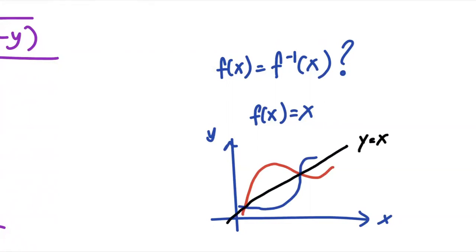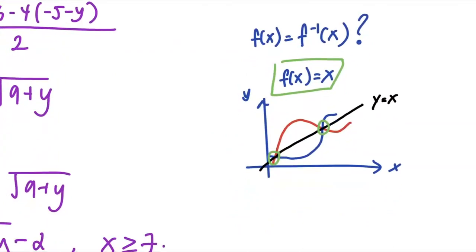We can see that the graph of f and its inverse cut at the same point on the line y equals to x, and the two graphs intersect at the same location, and that is why you can just equate f of x equals to x. This is another very popular question that they usually test for functions.